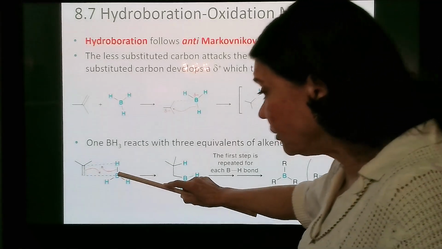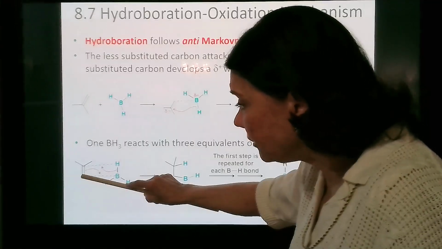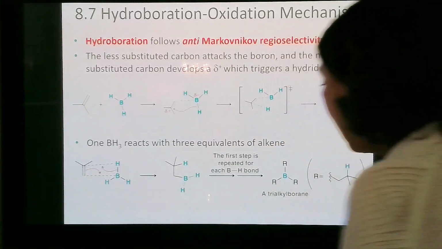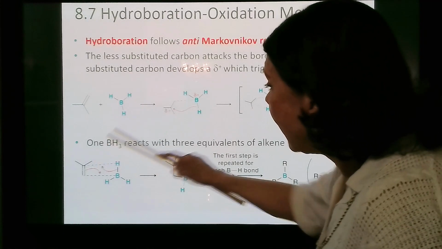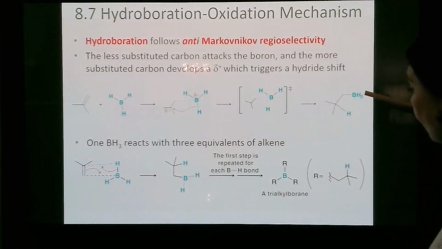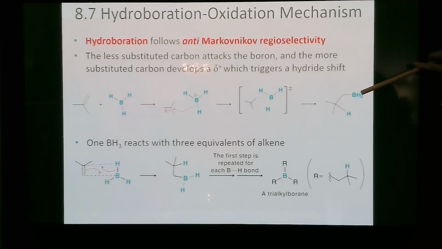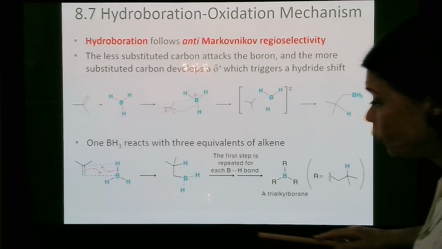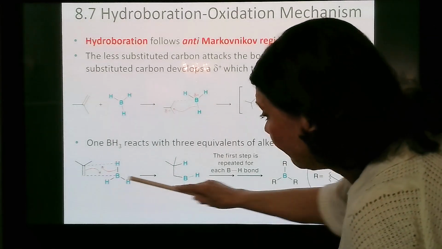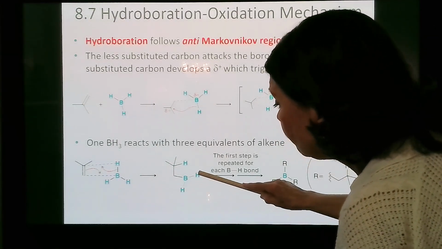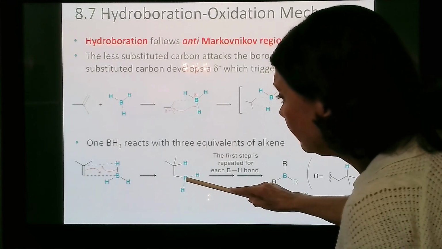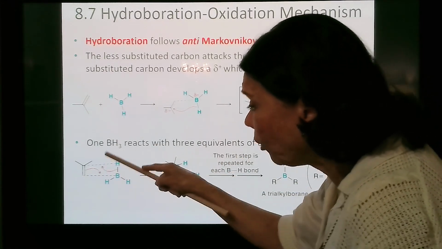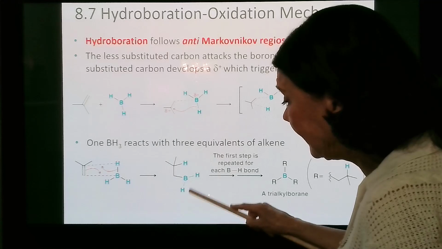Here, you can see once again the boron is going to the less sterically hindered end, and once that reaction takes place, just like it's shown up here, you still have 2 active BH bonds that can still effect hydroboration. So after the first addition, you still have 2 active BH bonds that can do that same reaction again with 2 other alkenes.